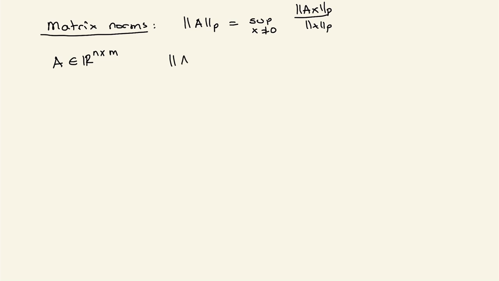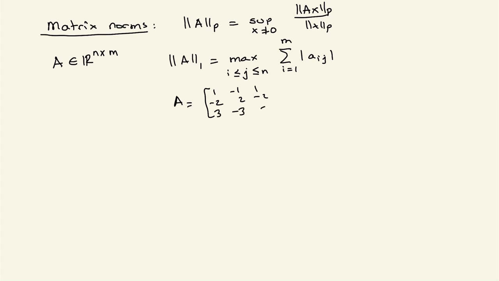The one norm is basically the max over j of the sum over i equals 1 to n of the absolute value of a_ij. All right, let's do an example to understand. Let's say the matrix is 1, minus 1, 1, minus 2, 2, minus 2, 3, minus 3, 3.